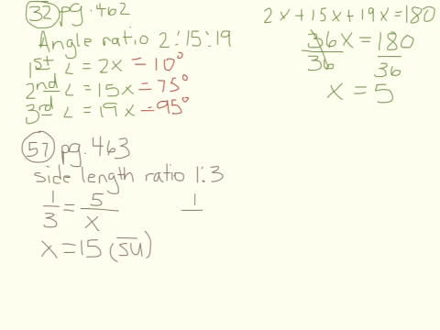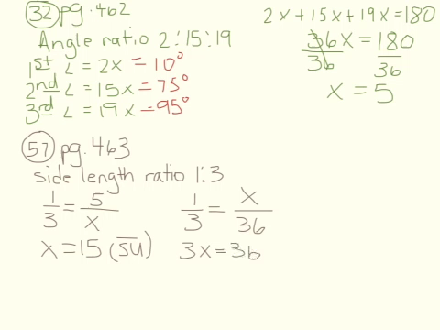Again, setting up my ratio 1 over 3, the base of the bigger triangle is 36. So notice I'm putting the 36 on the bottom of the fraction because it's the larger one, and I'll have x up here. So when I cross multiply here, I've got 3x equals 36.